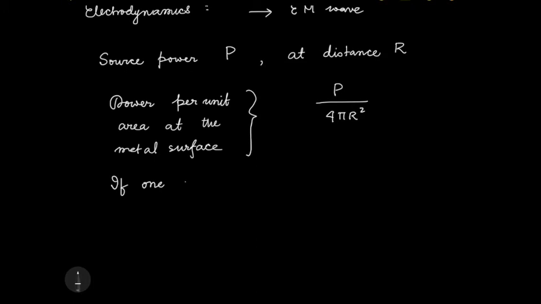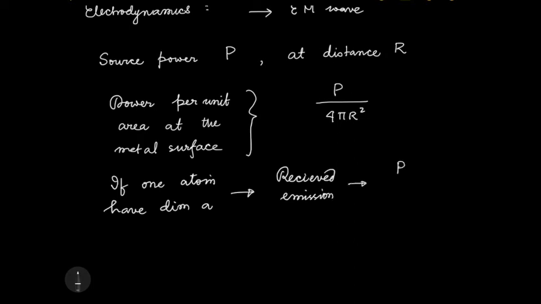So if one atom has dimension A, how much emission will it receive? It will receive an area, P into, say, A square. Okay, so forget about 4 pi because we are doing a rough calculation. So this is P A square by R square. So this is the amount of emission that the atom will receive, right?